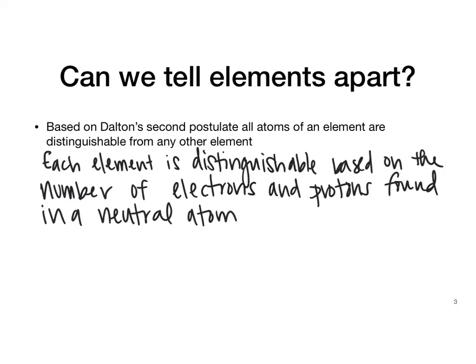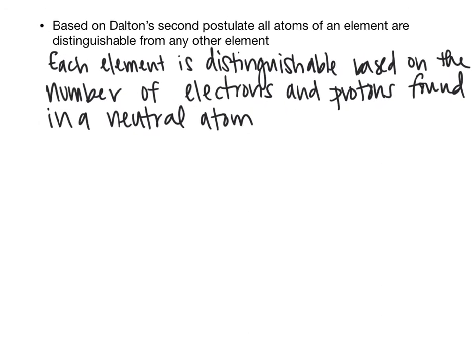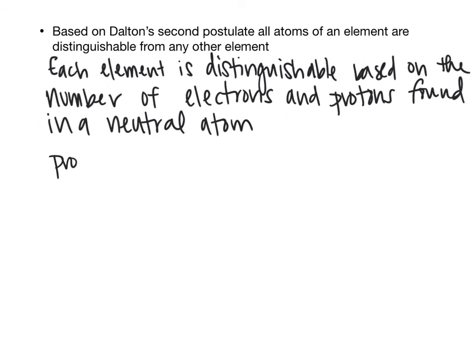It is important to think about what this means. In this case, the protons are equal to the electrons. In a neutral atom, both of those need to be the same. And so the protons and the electrons in any element are the same.